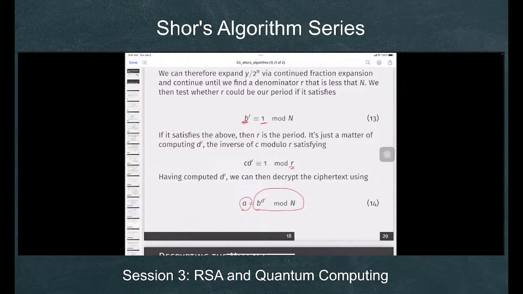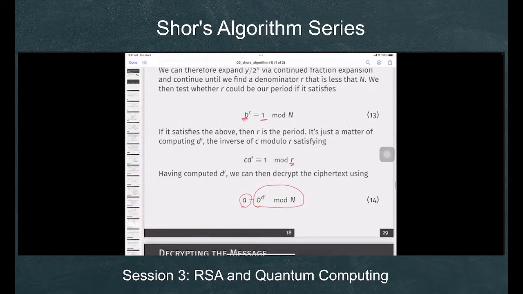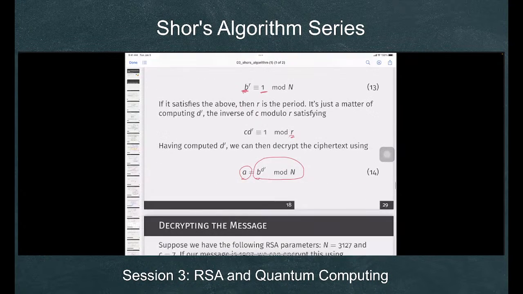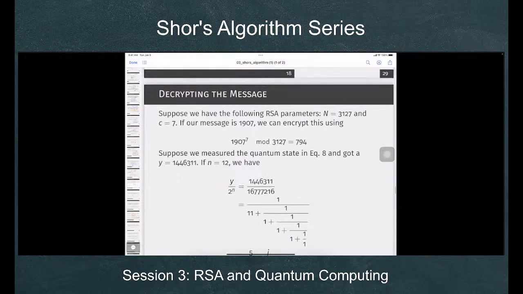So how do we do continued fraction expansion? We're going to do that here with an example. Our parameter n is 3127, and our C is equal to 7.